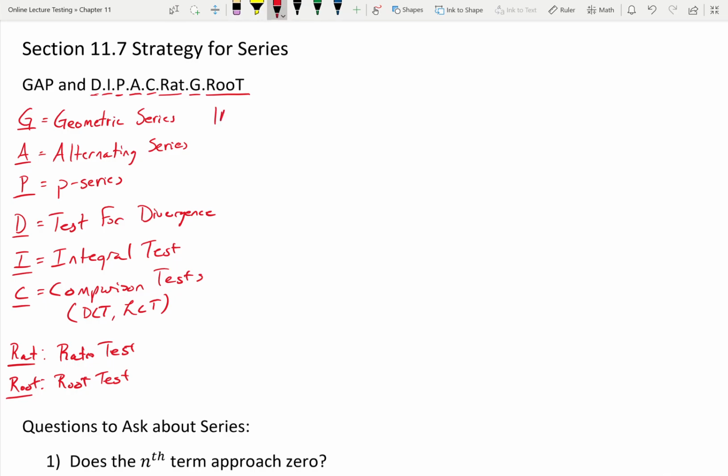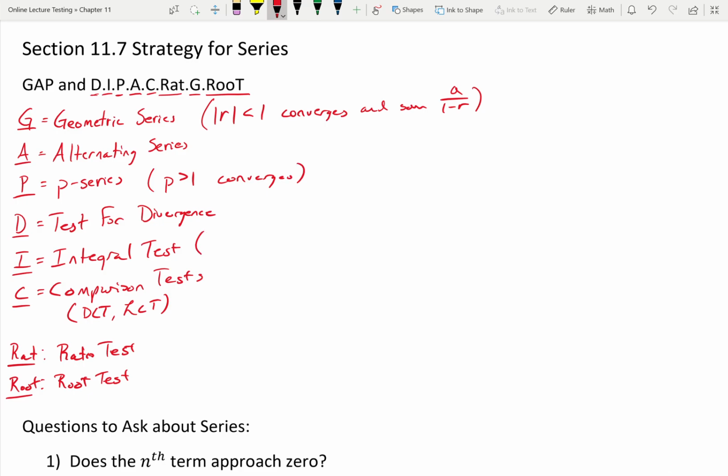Here, the absolute value of r less than 1 converges, and the sum is a over 1 minus r. Now again, if n is equal to 1, we have to have it in the form of a times r to the n minus 1. And for P series, we have p has to be greater than 1, and it converges.